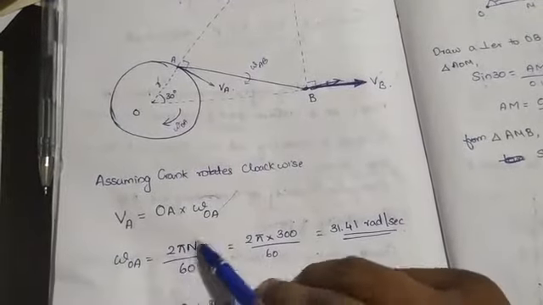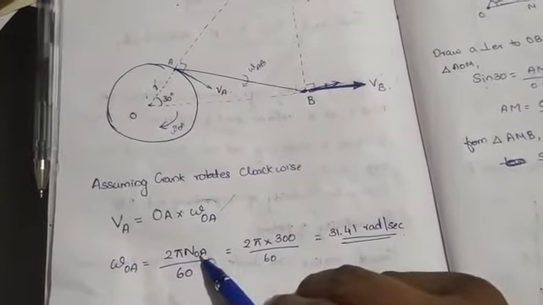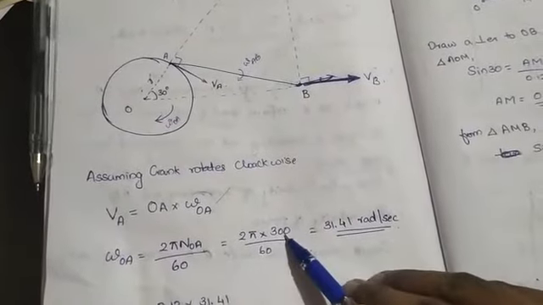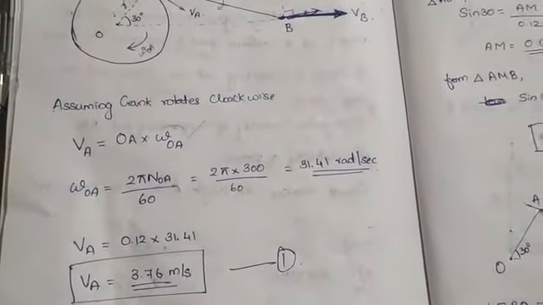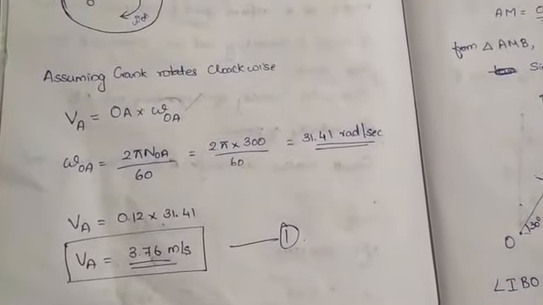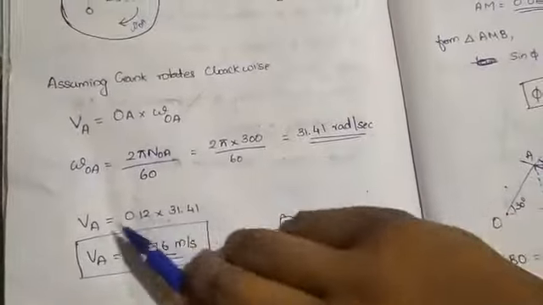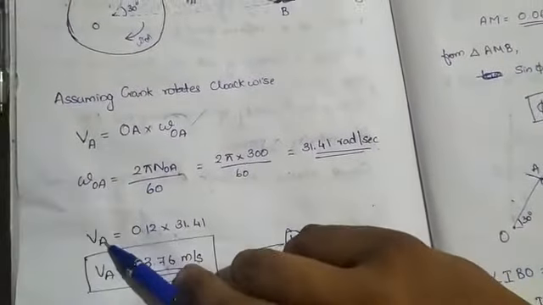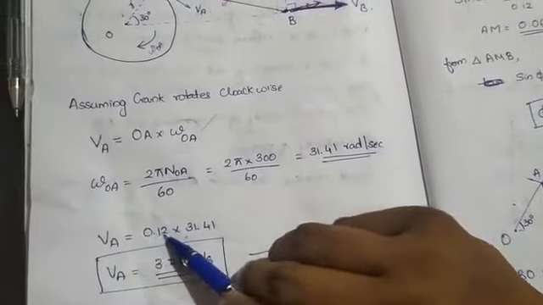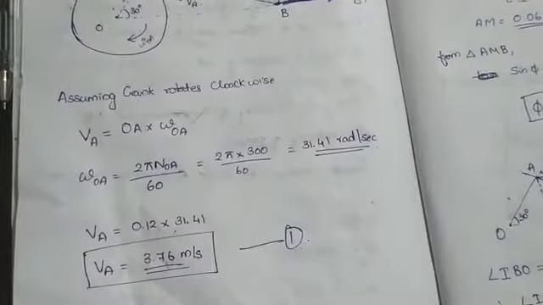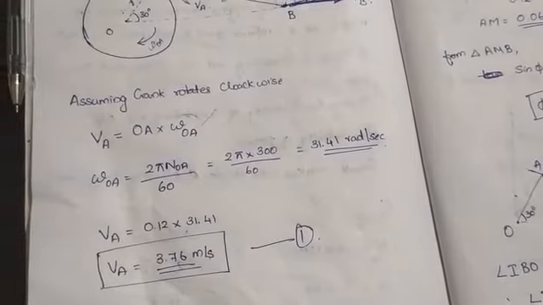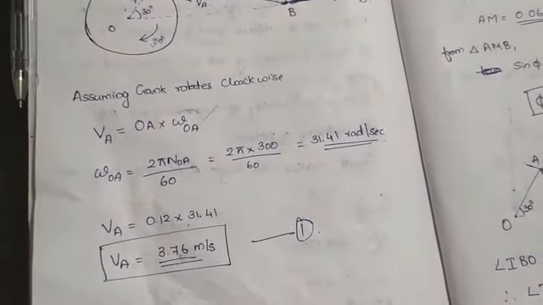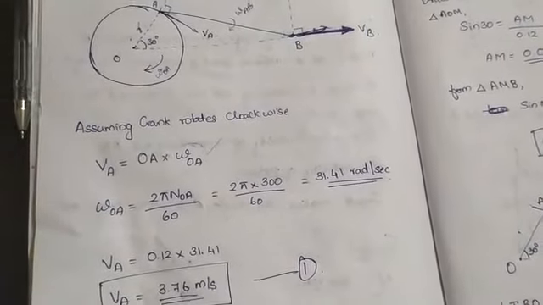So omega is 2 pi n by 60. Given speed is 300. You got omega OA is equal to 31.41 radian per second. Now substituting the value of omega, VA is equal to 0.12 into 31.41. So you got velocity at point A as 3.76 meter per second.